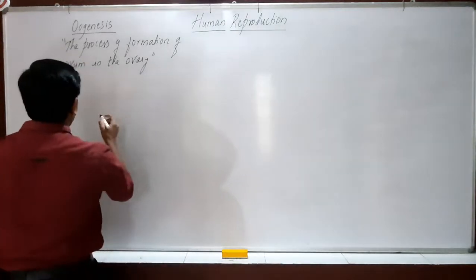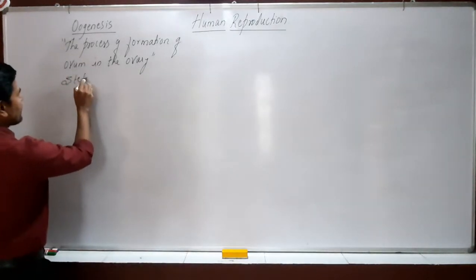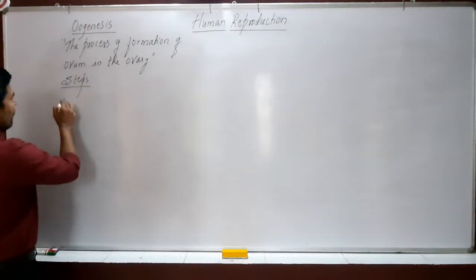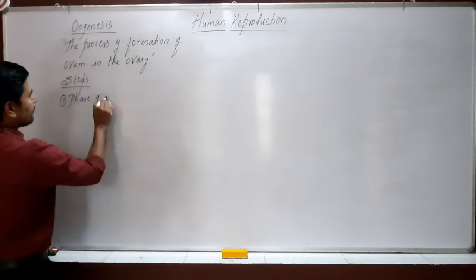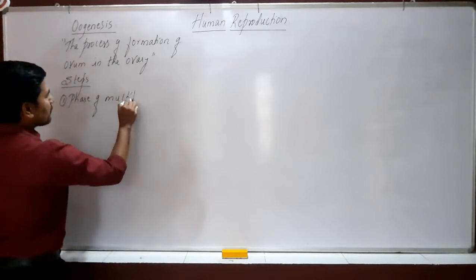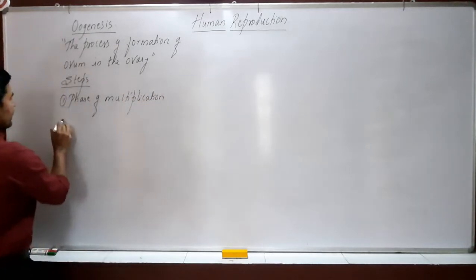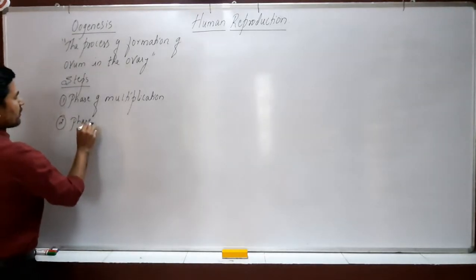Now during the process of oogenesis, as we have already studied in spermatogenesis, this also has 3 steps. The first step is phase of multiplication. The second one is phase of growth.